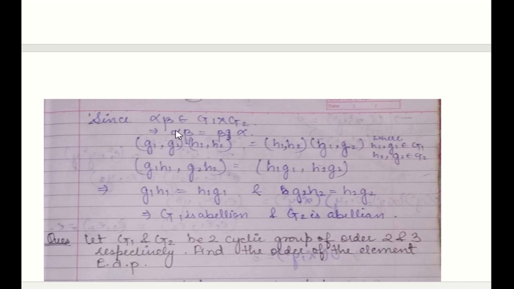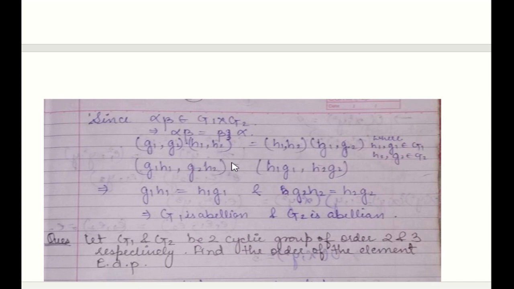So consider alpha beta, (g1, g2) into (h1, h2), and this will be equal to beta alpha, (h1, h2) into (g1, g2). On the left hand side, by the definition of multiplication, we get (g1 h1, g2 h2), and on the right hand side we get (h1 g1, h2 g2).